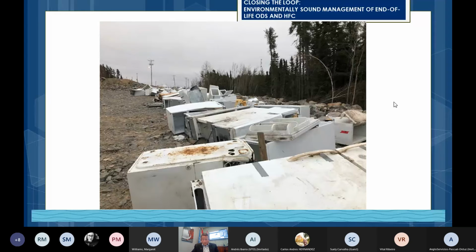This is an example of an Indigenous community in northern Manitoba. We have about 62 Indigenous First Nation communities, we call them. And unfortunately, a lot of those used fridges didn't make it to proper disposal until now, where we are working with the communities to ensure that people in First Nation communities are trained and can extract the refrigerant and even dismantle, take apart the units for scrap purposes, where they get some actual value for the metal and other components.